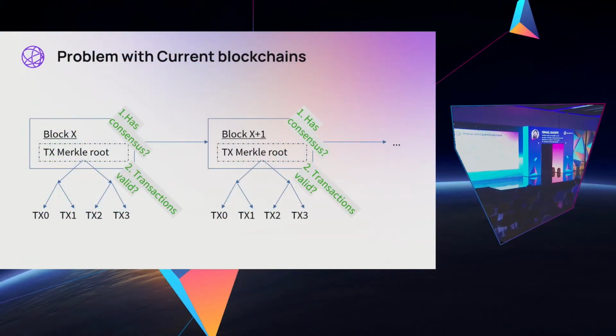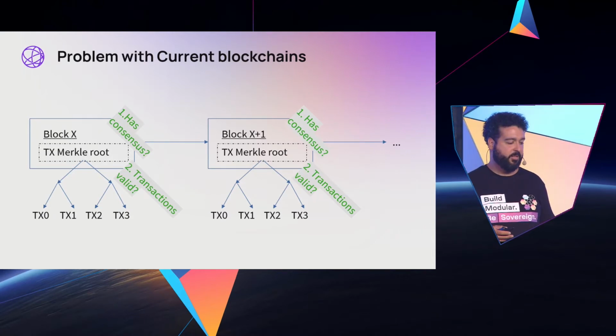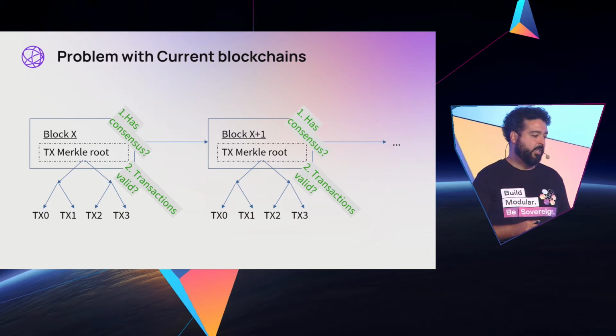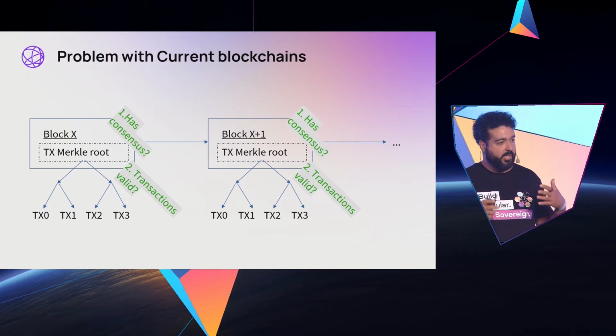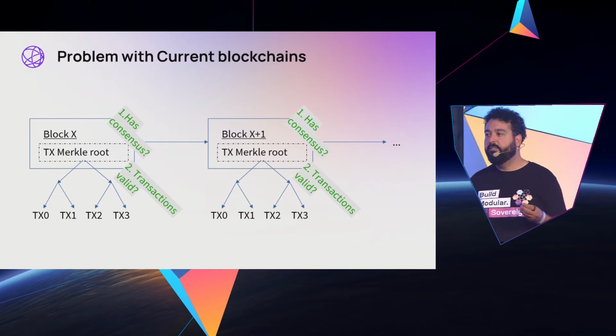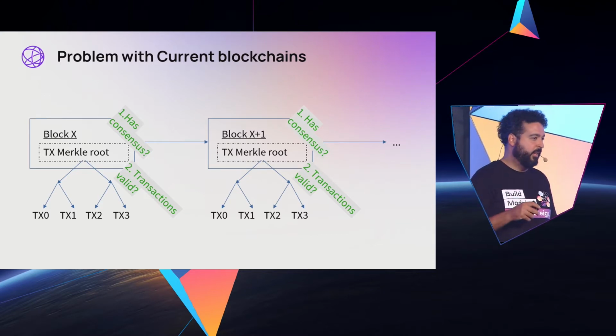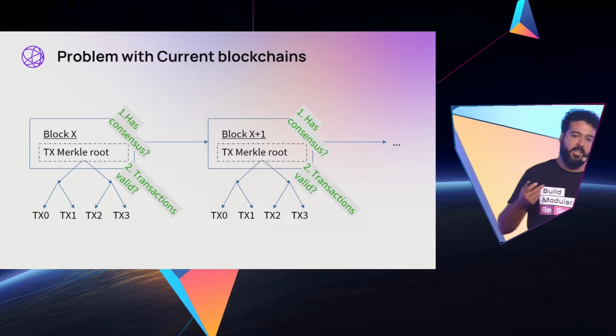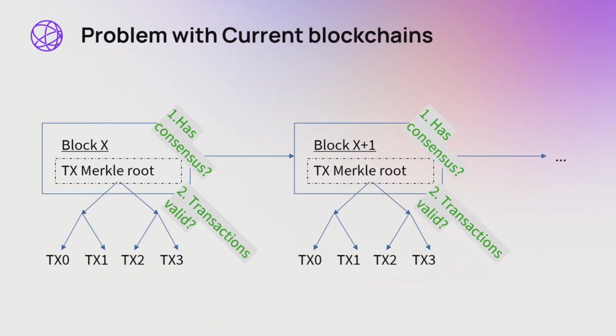So what's the problem with current shared execution environments, so current blockchains? If you think about it, how does a blockchain work? How do you verify if a block is valid? There's basically two things. You check if a block has consensus, and then you verify if all the transactions are valid. So why is this problematic?